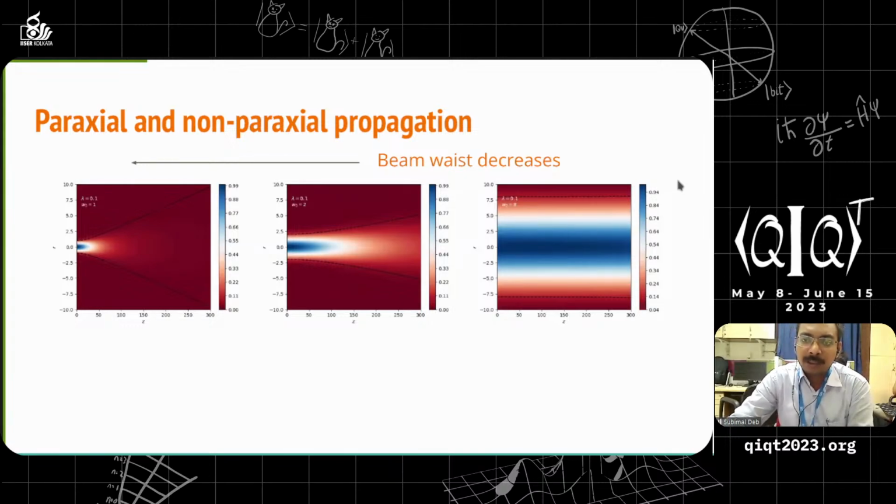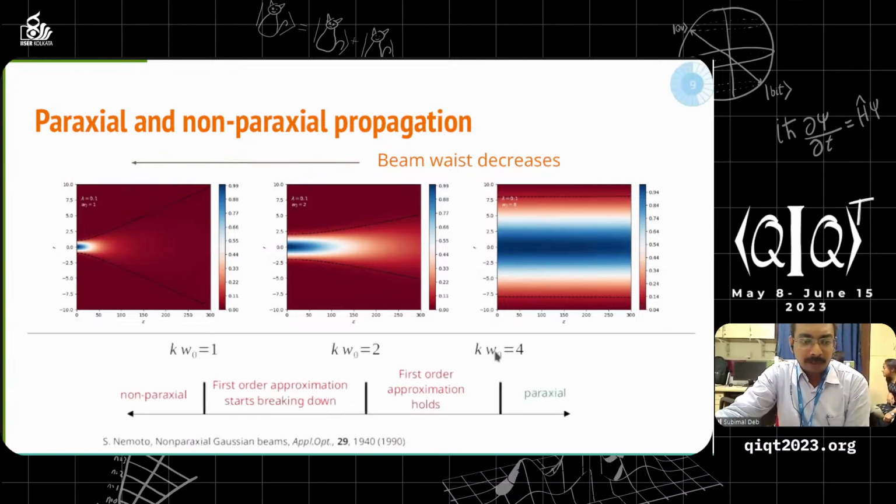And for a larger beam waist, you see that the beam of light is quite collimated. It is parallel to itself. It is parallel to the axis of propagation. But as you keep on decreasing the beam waist, the spot size increases very fast as the beam propagates in free space. So on the left, you will have a non-paraxial beam. On the right, you have a paraxial beam.